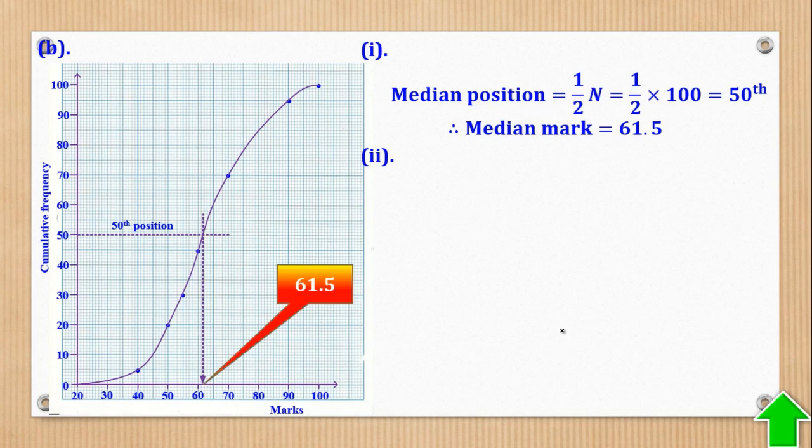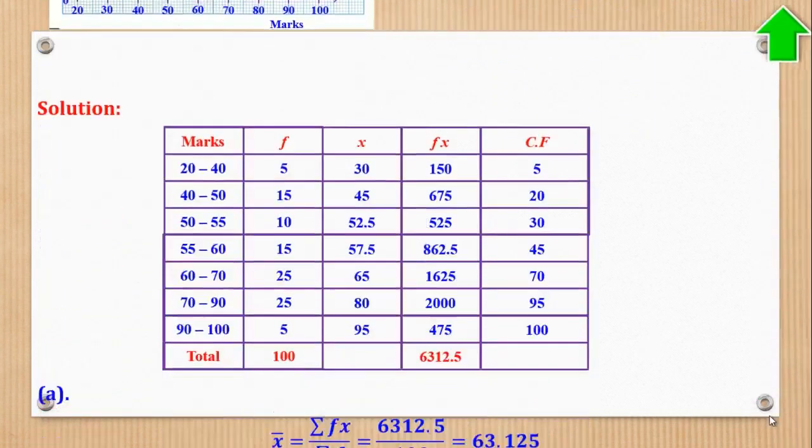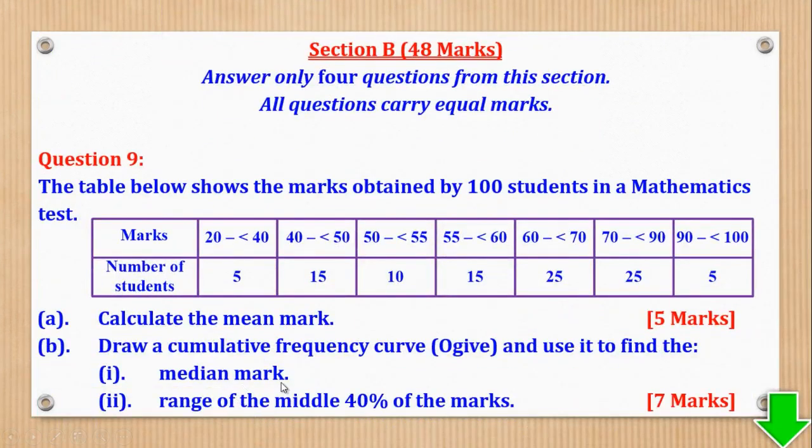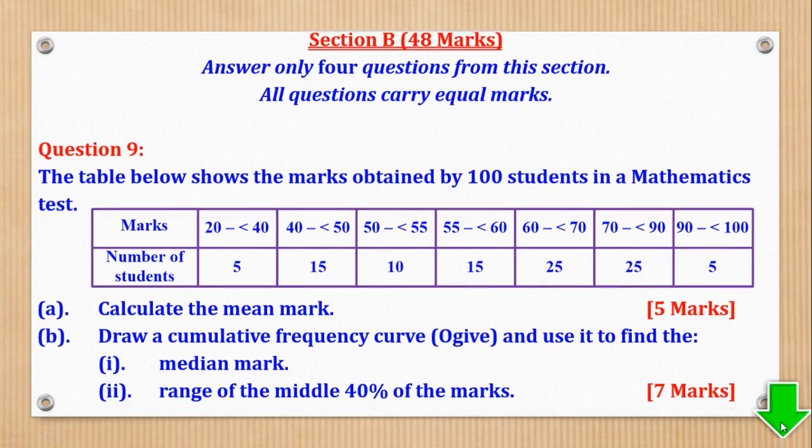Then Roman 2, the range of the middle 40% of the marks. So nowadays, this is a common way of asking for percentiles. So range of the middle 40%, what does it mean?